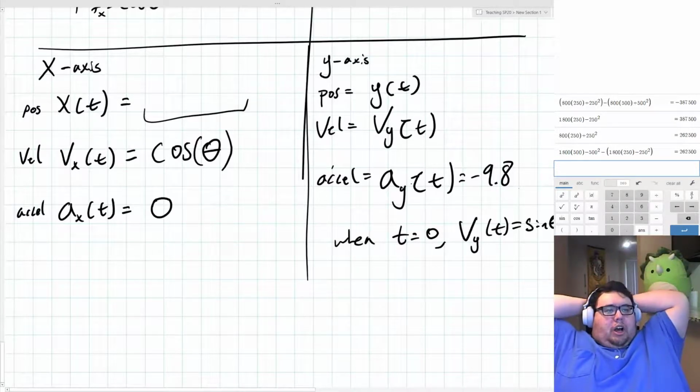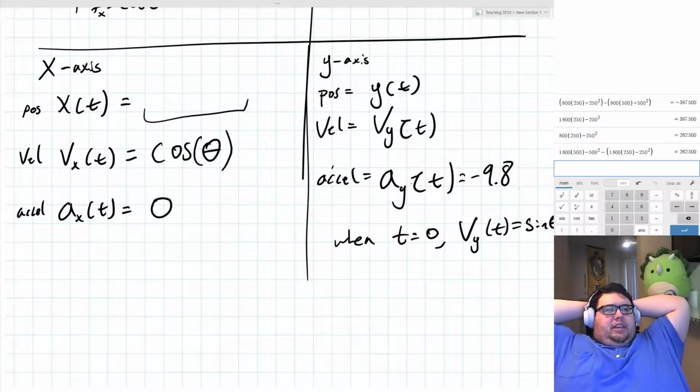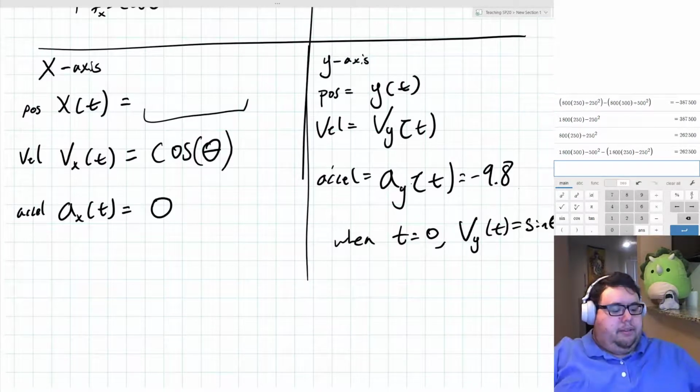Our y velocity of our projectile should be sine of theta, because that's the velocity imparted by the instantaneous impulse from the cannon.